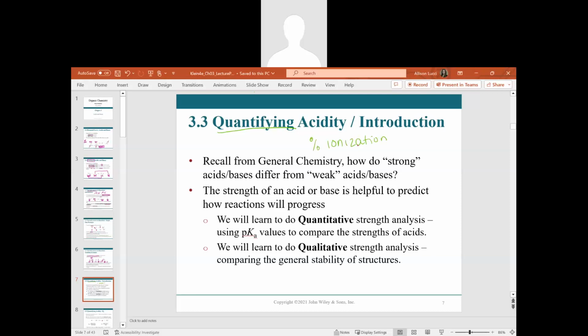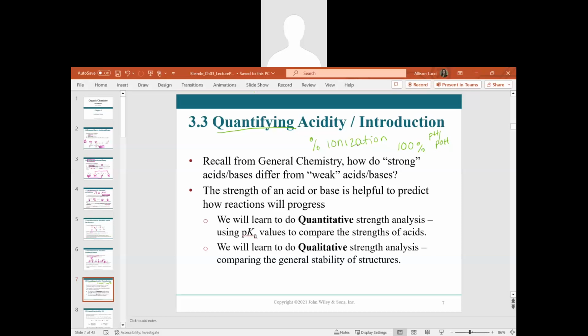So percent ionization. For strong acids and bases, we generally would say that we have 100% ionization, and we quantify these strong acids and bases on the pH or pOH scale. So we use pH and pOH for the strong.